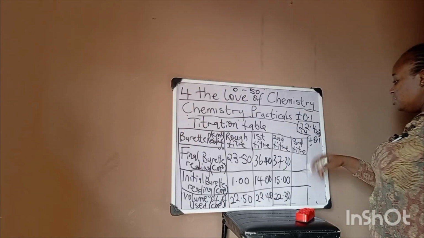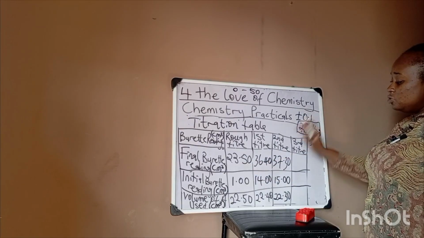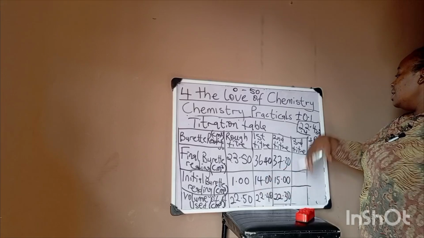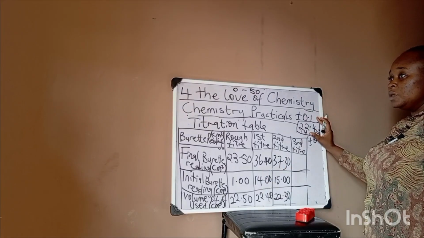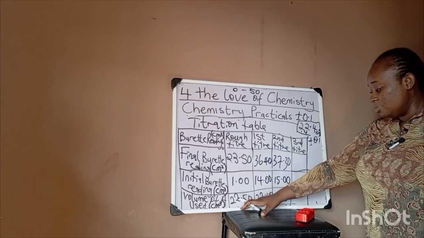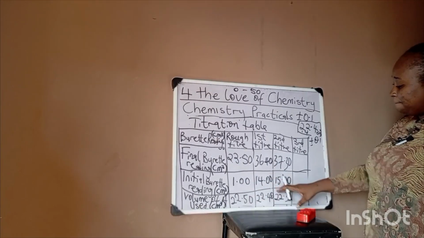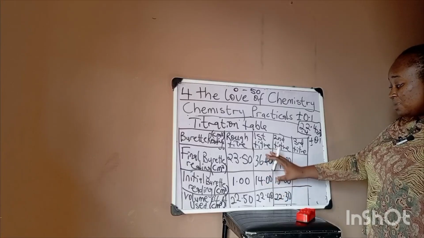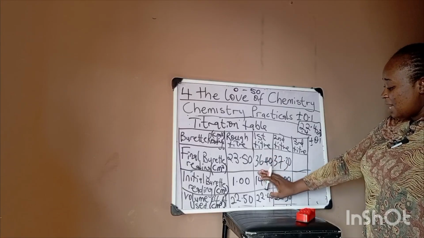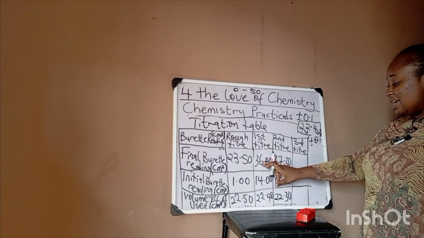So the first method is just to choose your initial burette, then add it to your teacher's titre value, make it your final burette, then subtract to get this. Or you choose a higher number, but make sure that whenever you add it to your teacher's titre value, it will be less than 50.